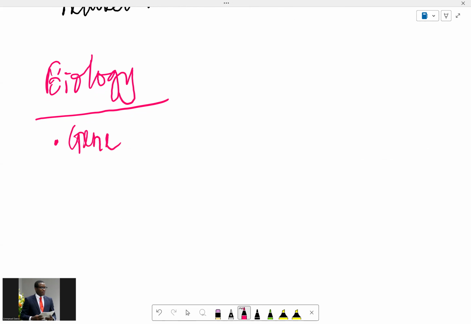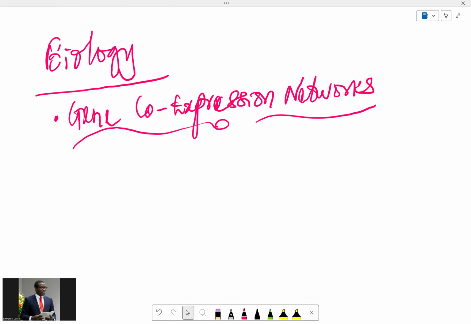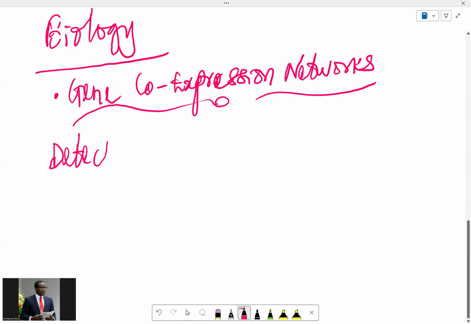This means detecting communities of genes with similar expression patterns.